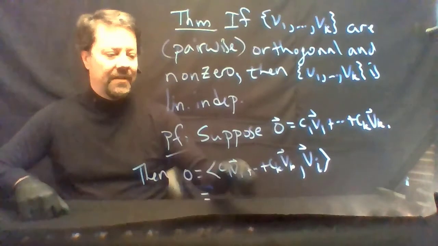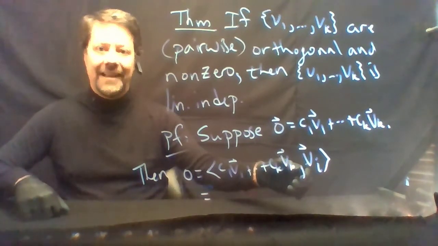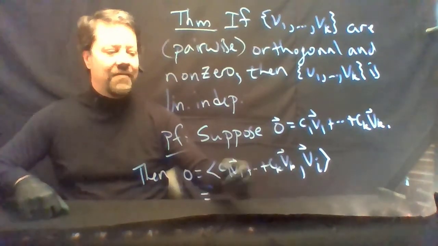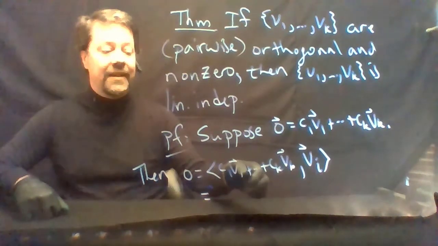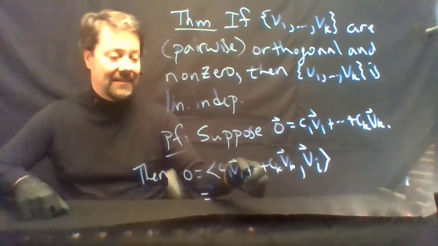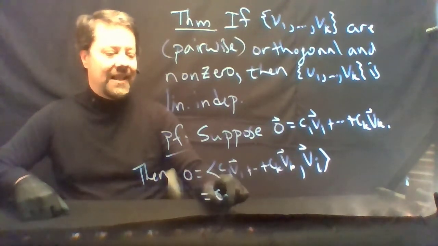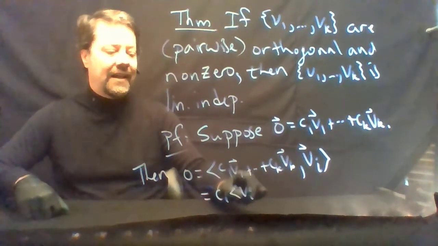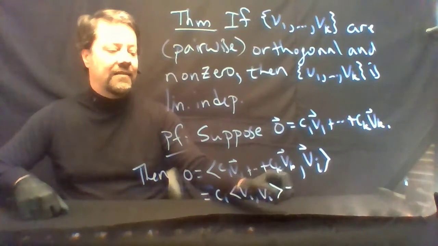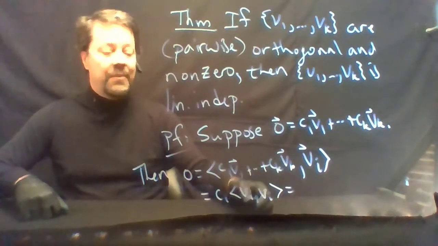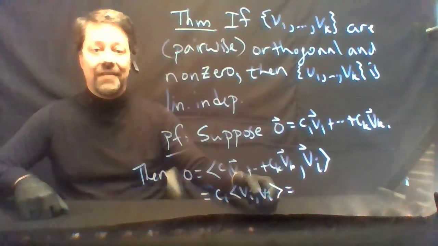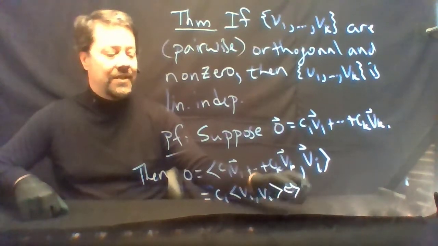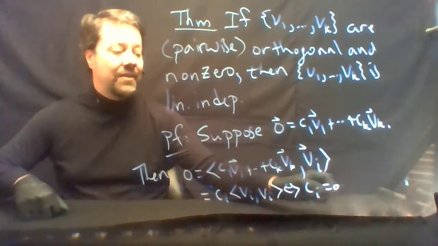Now remember, vj is orthogonal to vi. The only one of these terms that will not give you 0 is the term involving vi, and that's going to give you ci times the inner product of vi with vi. But remember, vi is not the 0 vector, so the inner product with itself is not 0. So this is true if and only if ci is 0.